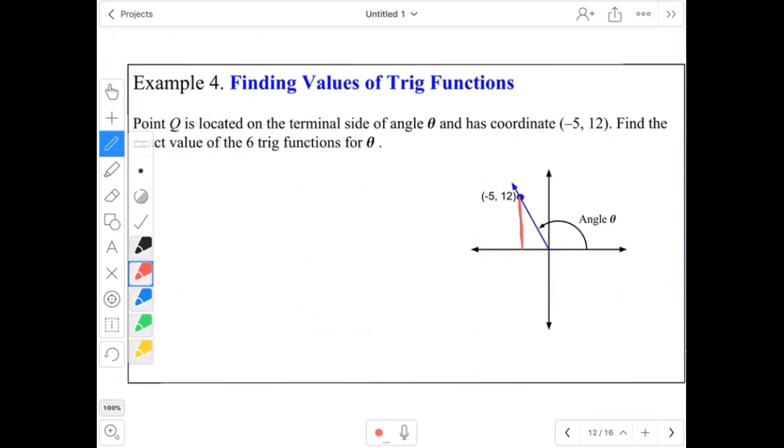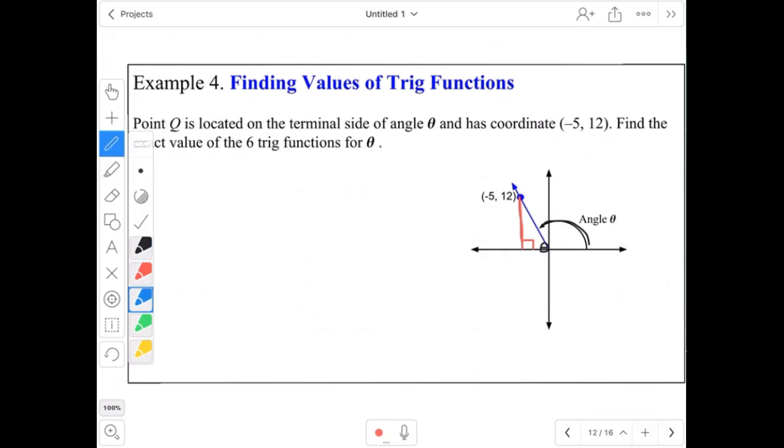Or if it was in quadrant 3 or 4, you could go straight up. But it's always going to form this kind of right triangle. Now, know that this is angle theta, but for our triangle, angle theta is going to go into that little corner closest to the origin.